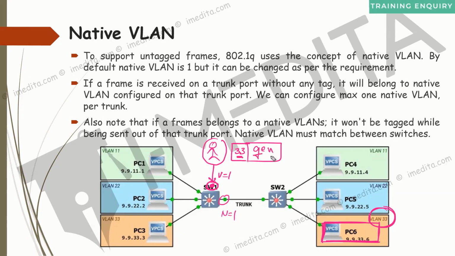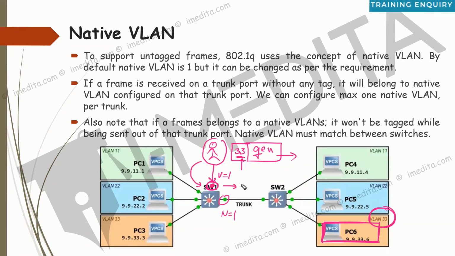The attacker has generated some malicious traffic, malware or viruses, and added a tag of 33. Now, the attacker sends the data, and the traffic arrives onto this particular port.